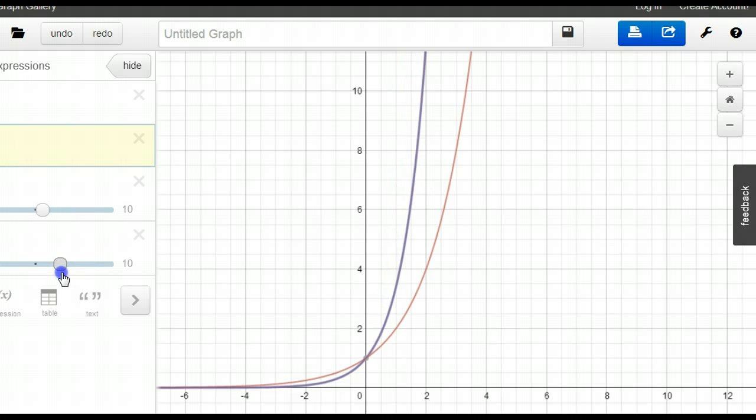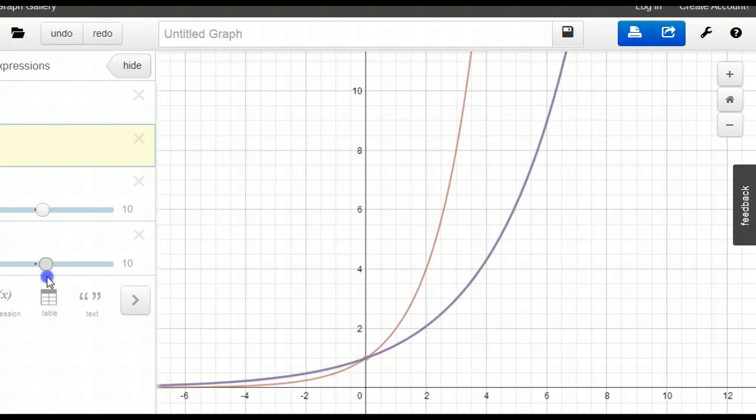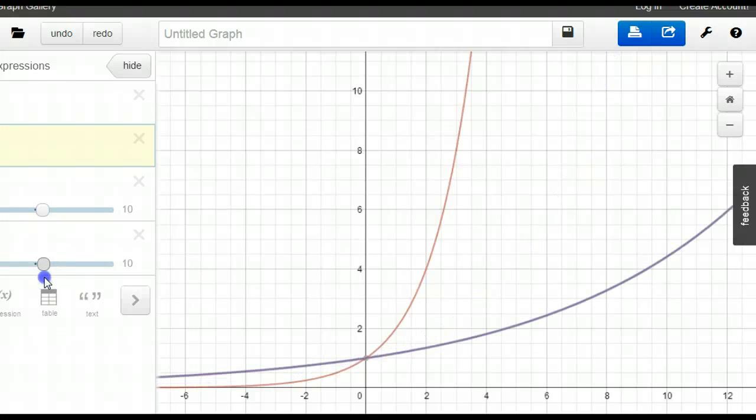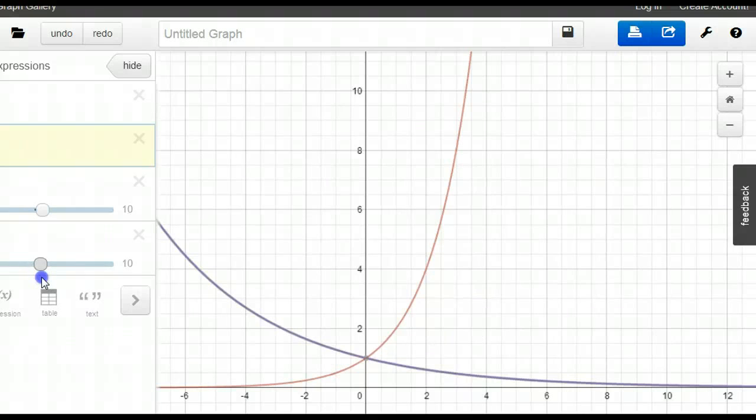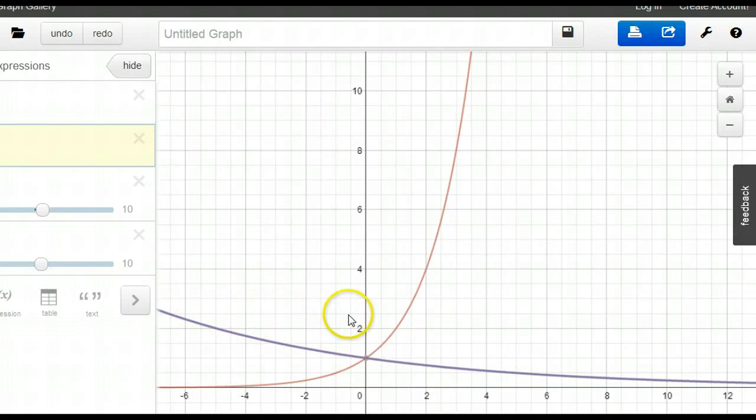As the b value, take it back to 2, as the b value gets less than 1, then we notice that the curve becomes decreasing instead of increasing. So this curve here increases as we go to the right.